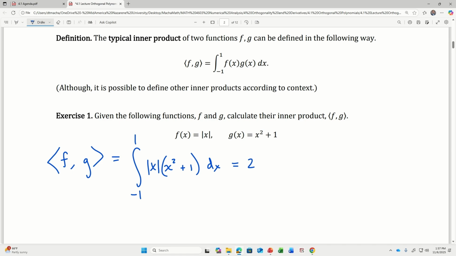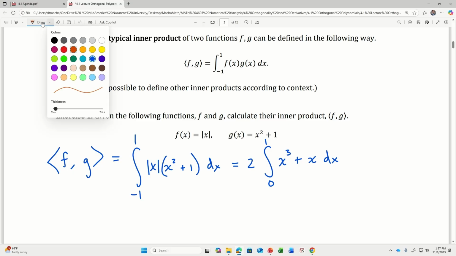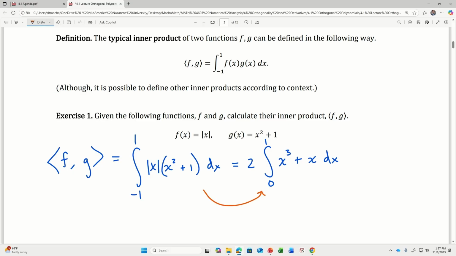So what I can do is I can just do this. This is because the integrand here is even.